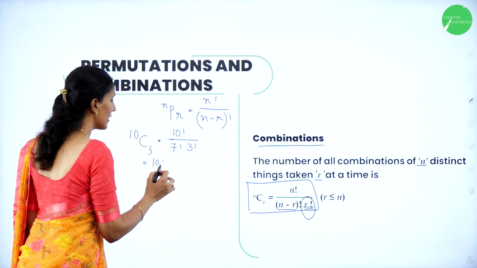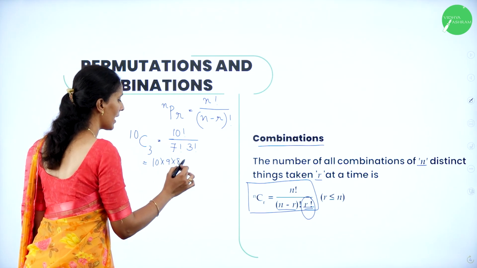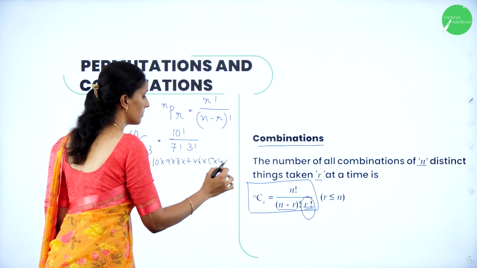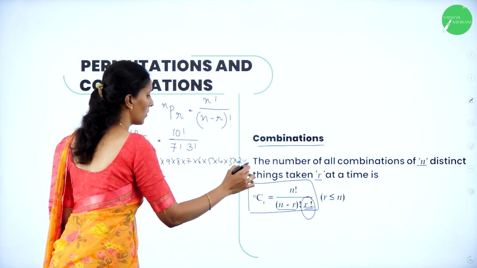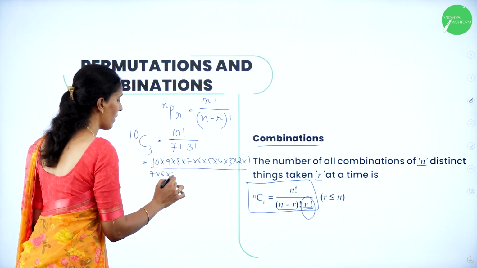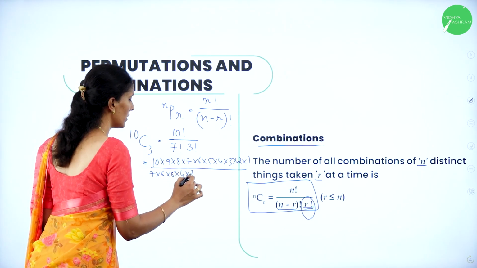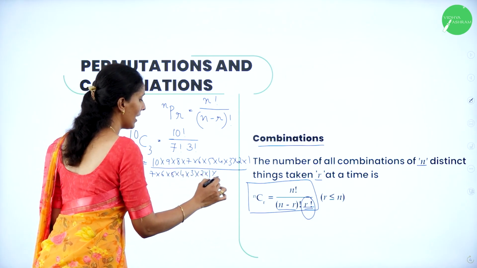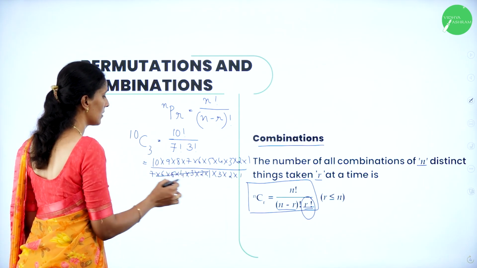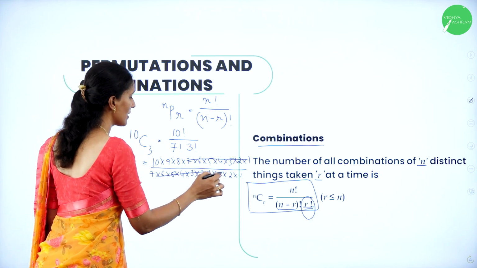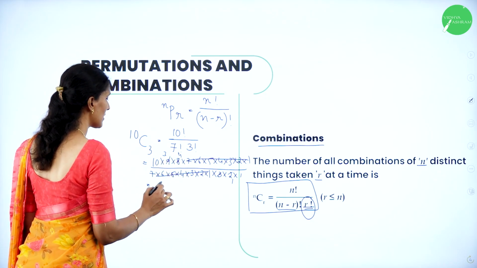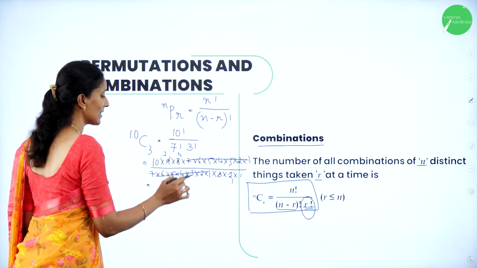You write it like this: 10 into 9 into 8 into 7, 6, 5, 4, 3, 2, 1 over 7, 6, 5, 4, 3, 2, 1, and again 3 factorial, 3 into 2 into 1. How will we cancel? Like this. Again we cancel the 3s, the 2s, and the 4s, so that is 120 over 6, which is 20. 10C3 is 20.